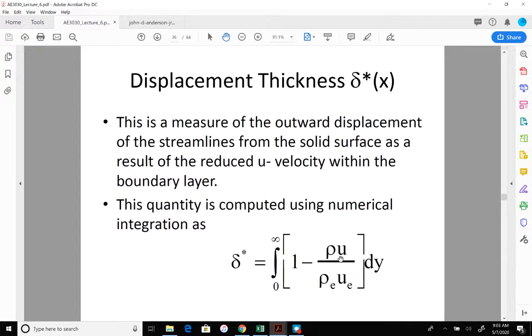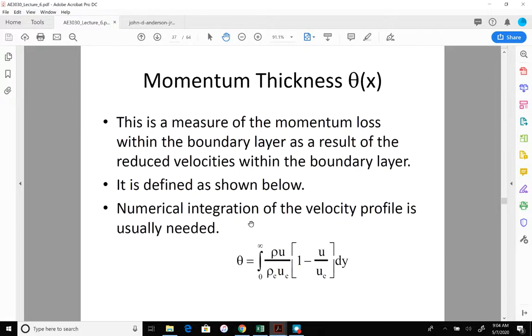Because we are flowing slowly, the streamlines have to open up or get displaced away from the wall, increase the area so that you can pump the same mass through. So this velocity deficit times density is the mass flow rate deficit. To account for it, the boundary layer has to displace outwards. So this is called the displacement thickness.